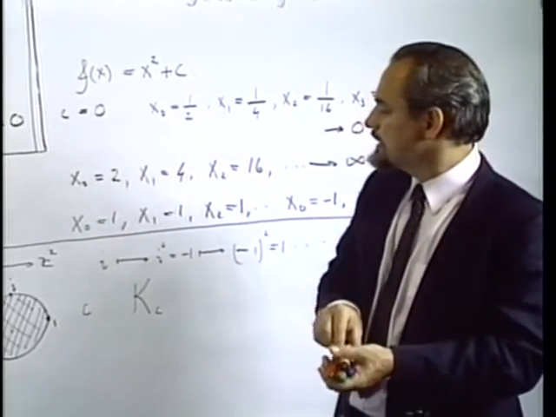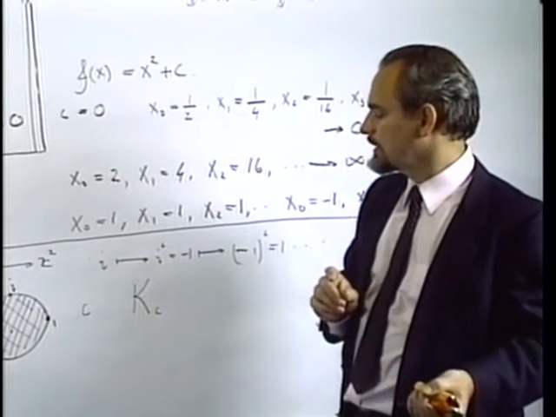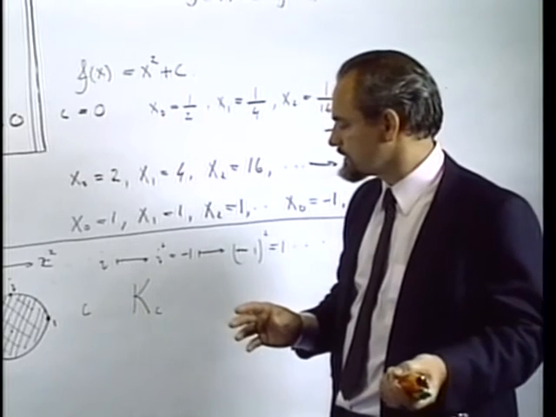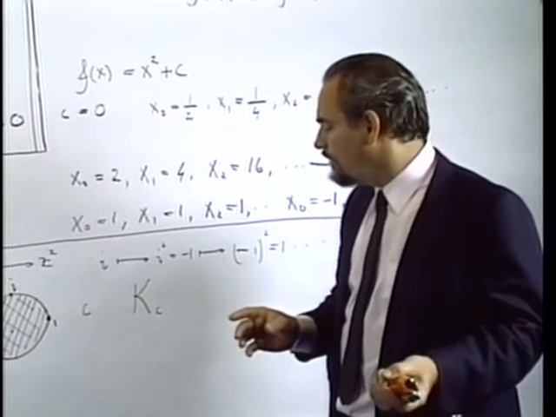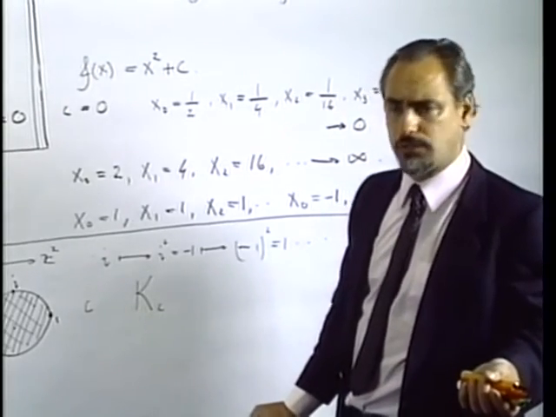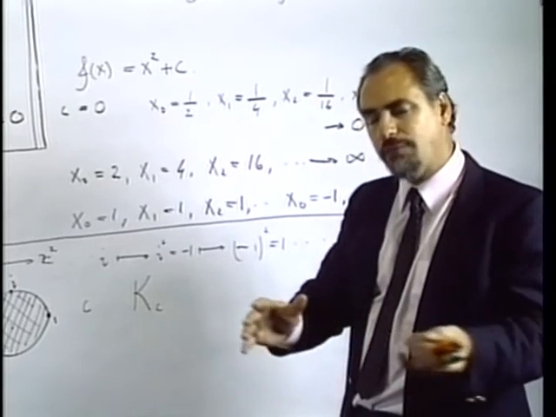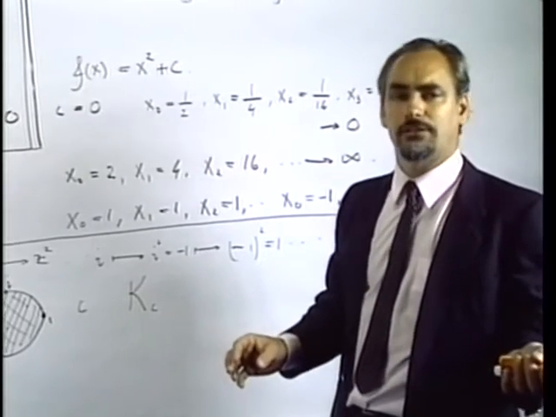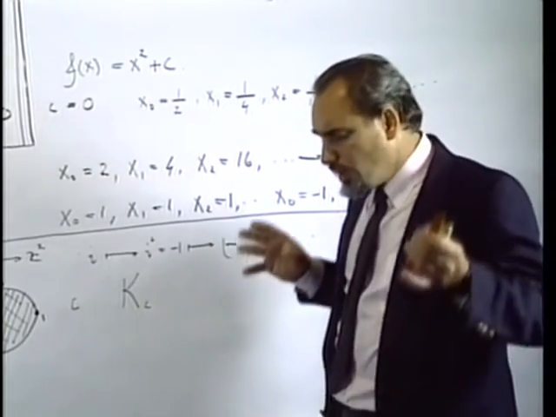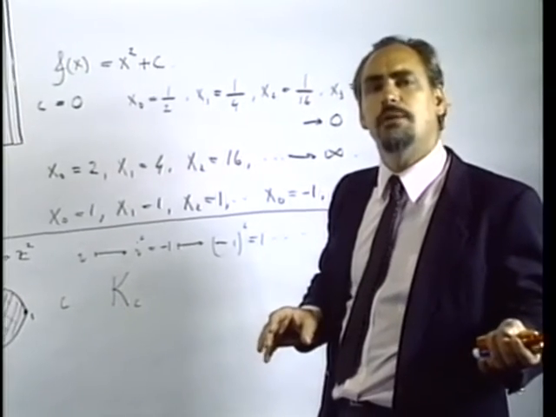It is the only case, with one exception, which can be understood somehow in finite terms. For all values, except for 0 and one other exception, which is -2, the set Kc is somehow infinitely complicated. It is fractal. It is not smooth. If you blow up at some point, you start seeing over and over the same complicated structure.